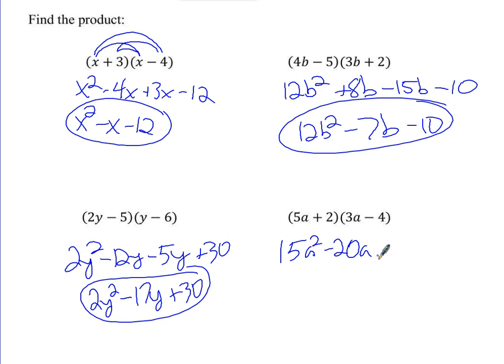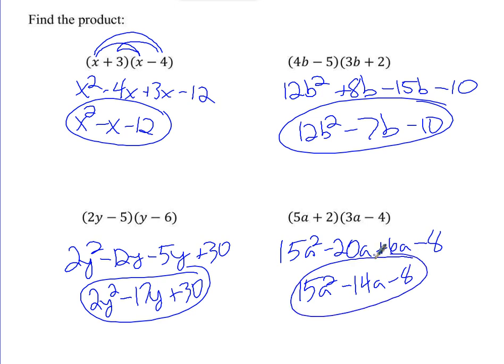And good, plus 6a, and good. 2 times negative 4 is negative 8. So then our answer is, who are you calling on? Go ahead. Good. Combine these like terms and you wind up with minus 14a and then minus 8. That's the correct answer. Very good.